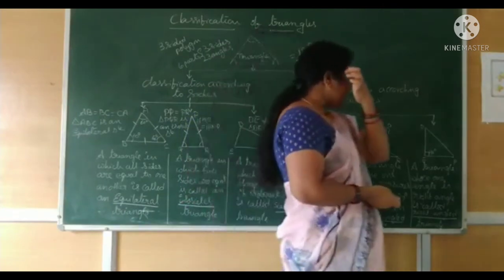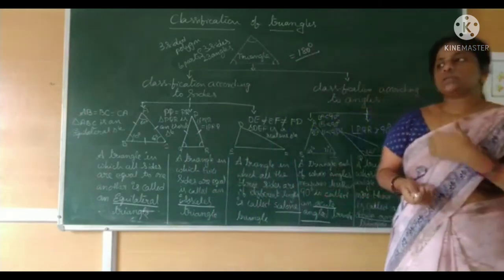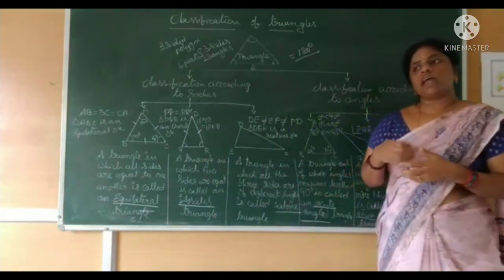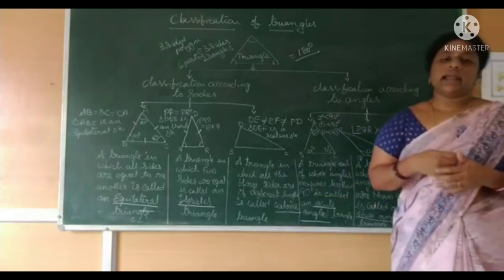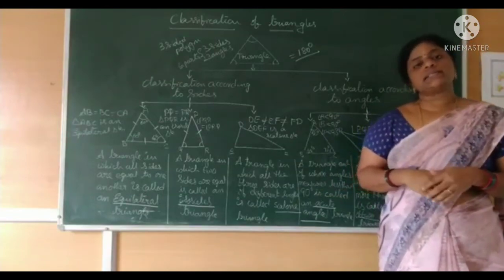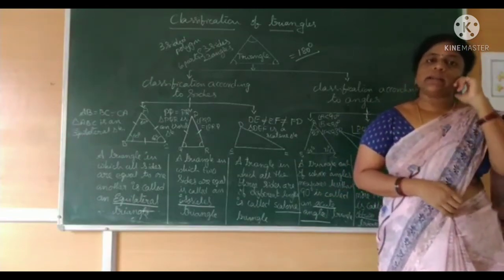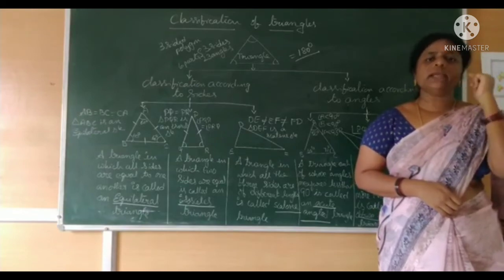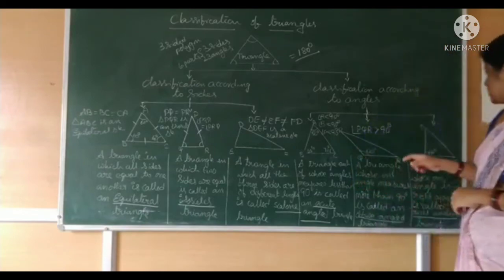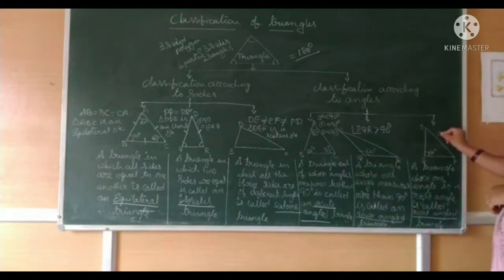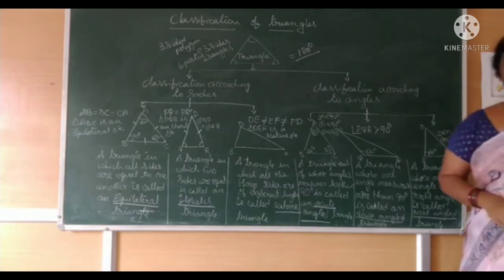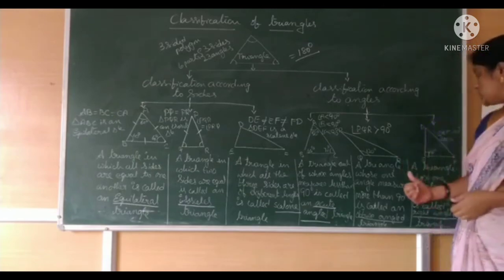Next, right angle triangle. A triangle in which one of the angles is a right angle is said to be a right angled triangle, or simply right triangle. See here, angle DEF equals 90, so triangle DEF is a right triangle.